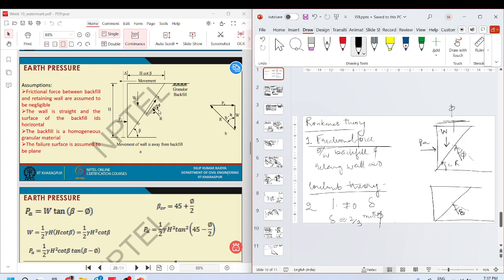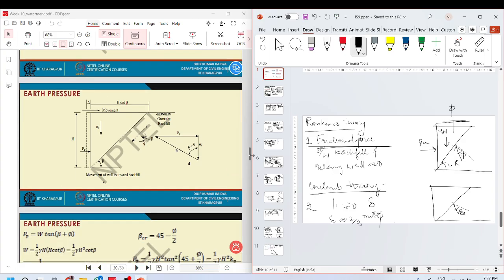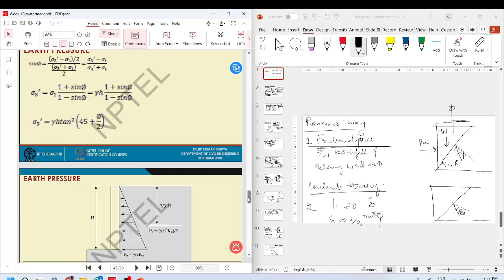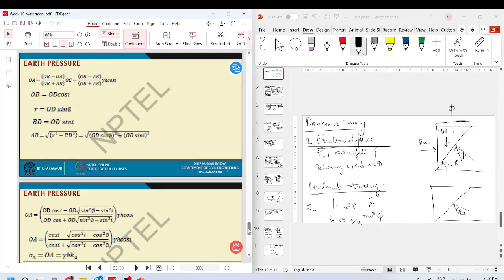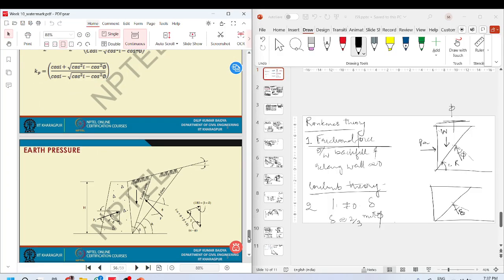See, in Rankine's theory this resultant is inclined at phi, but in Coulomb's theory this PA is inclined at delta. Sorry, I should have mentioned not the resultant. This PA is inclined at delta. Let me check this.